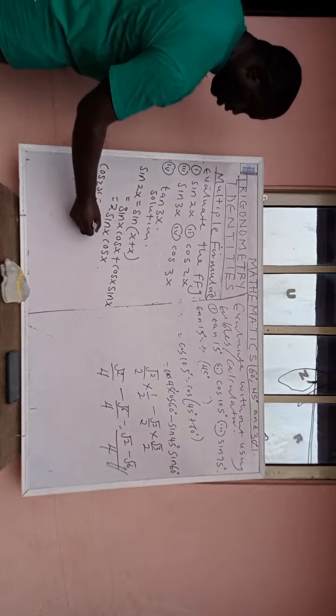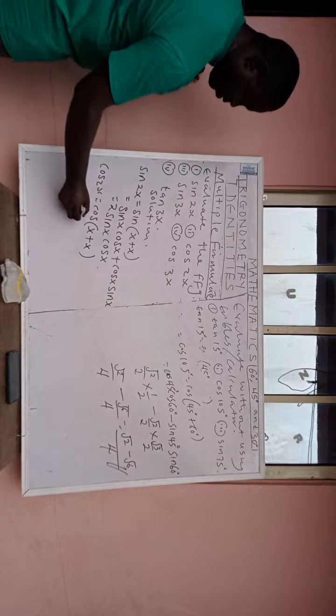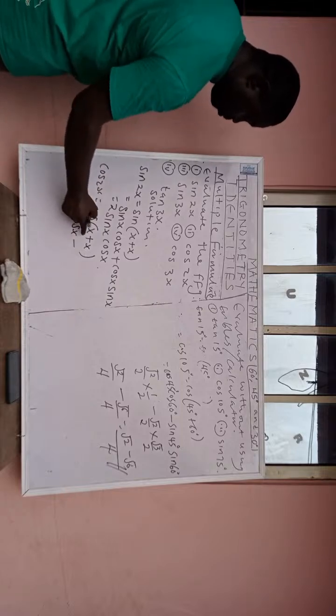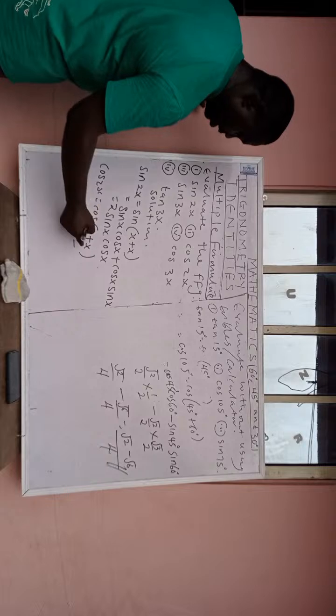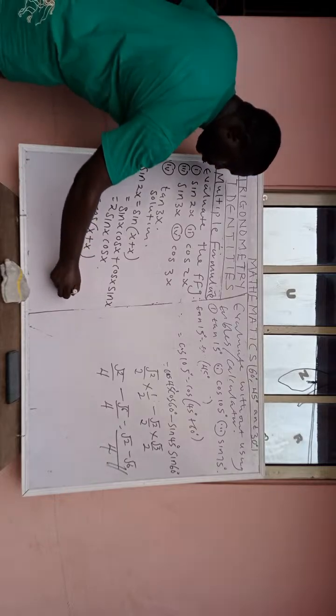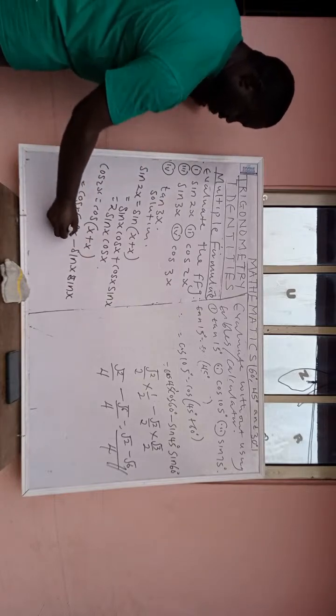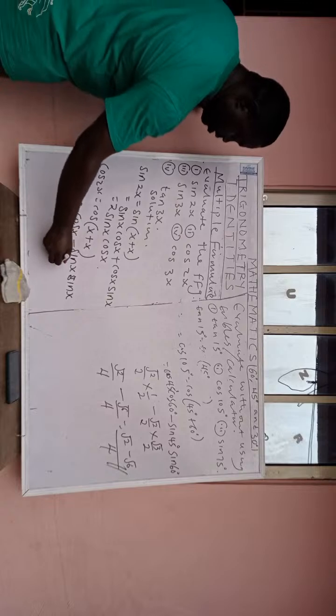Similarly, come to this cos 2x. Again, still remember, we have to do it this way. And this is what now? Cos x cos x, from our addition formula, it will be minus because it's plus here. So sine x sine x. And by the time you do that carefully, you have cos square x minus sine square x.